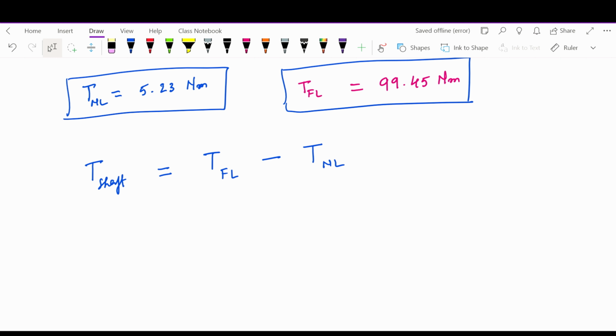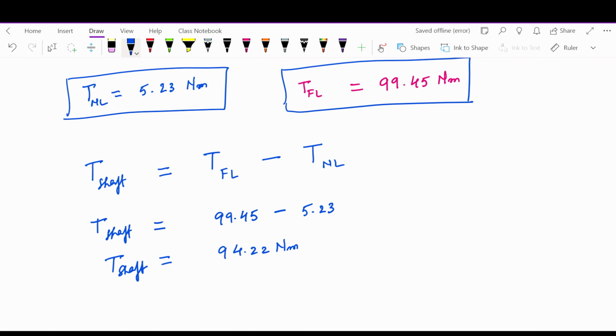So the T shaft is equal to 99.45 minus 5.23, which is 94.22 Newton meters.